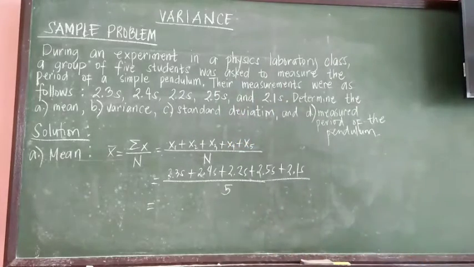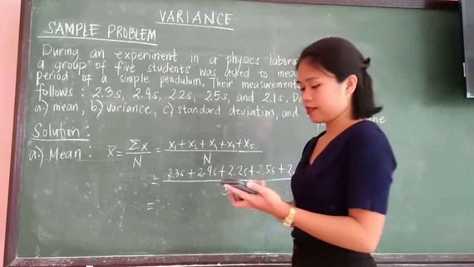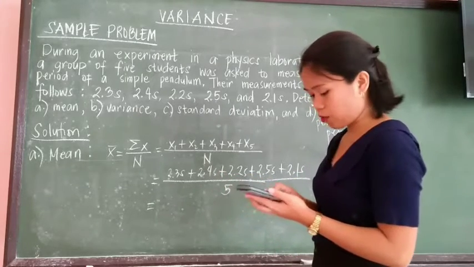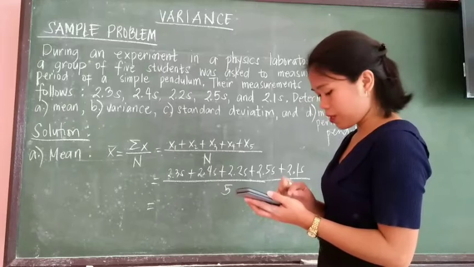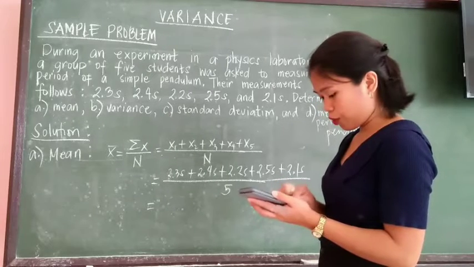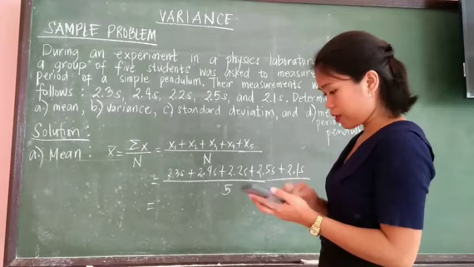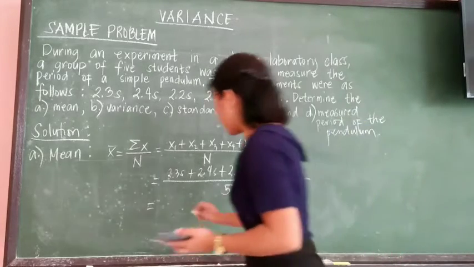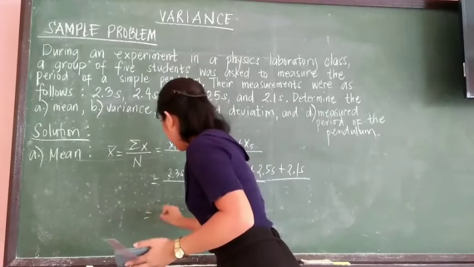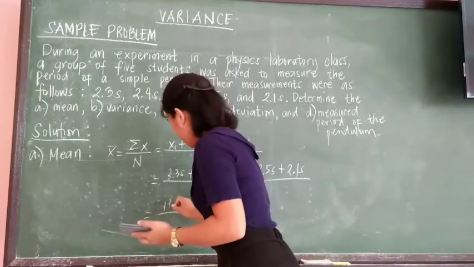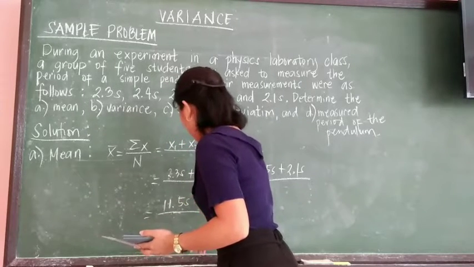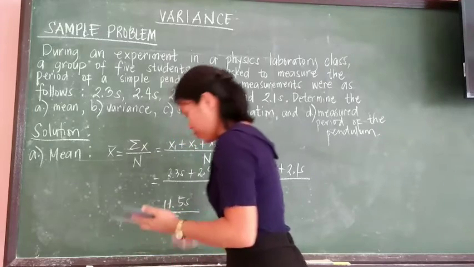Next, we need to add all the values in the numerator. 2.3 plus 2.4 plus 2.2 plus 2.5 plus 2.1 is 11.5 seconds divided by 5.